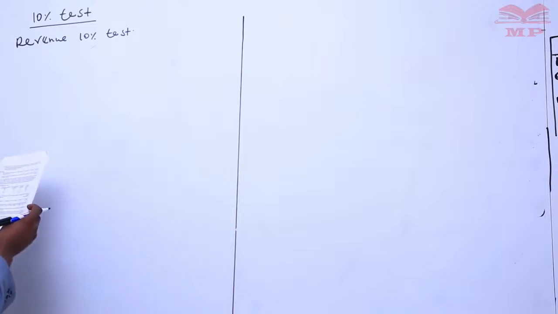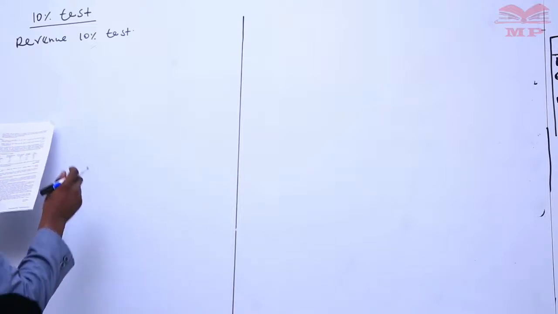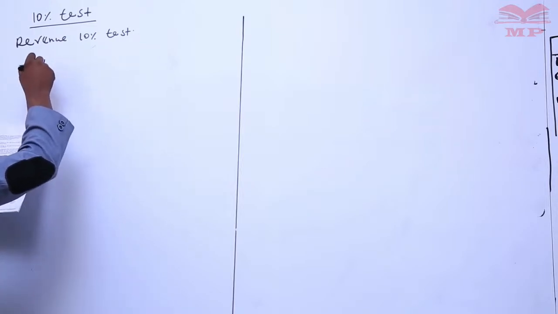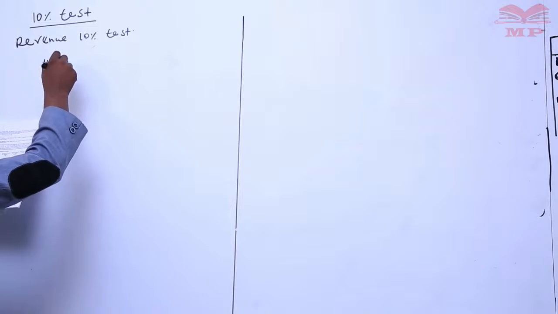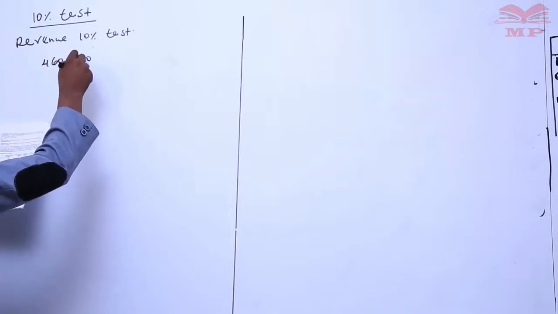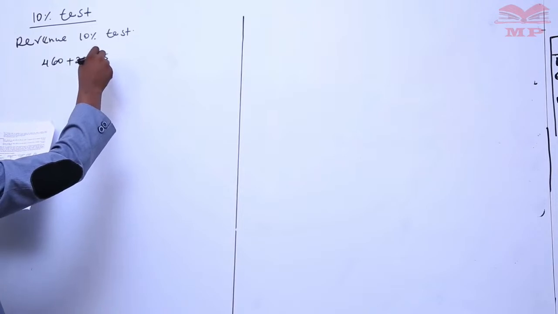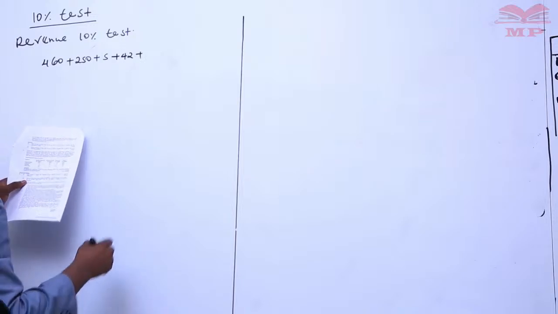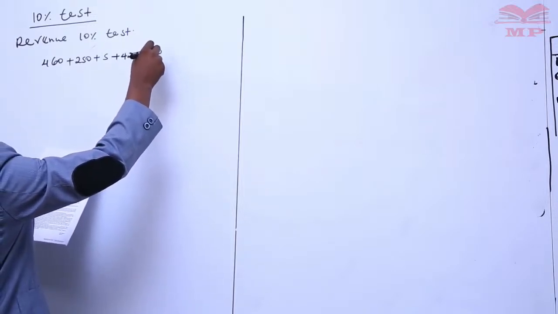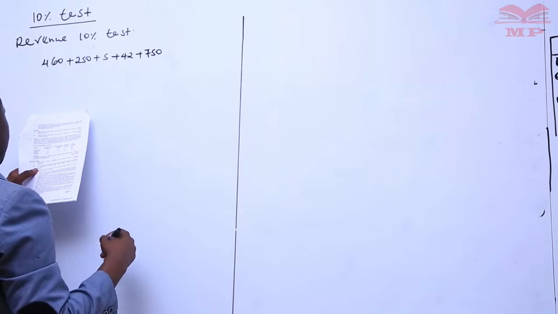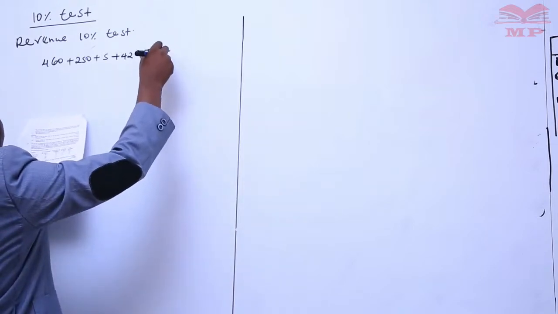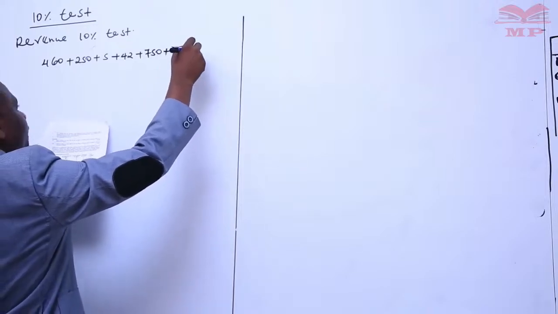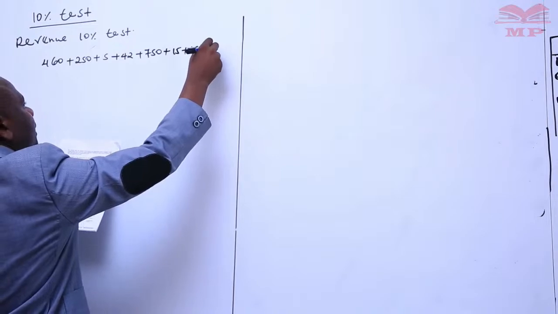The total revenues that we have here is 460 plus 250 plus 5 plus 42 plus 750 plus 15 plus 150 plus 3.